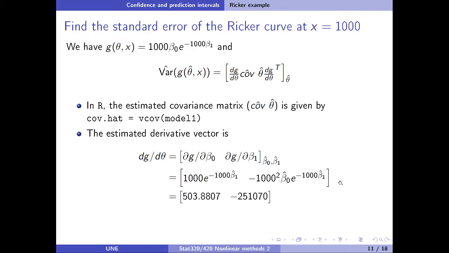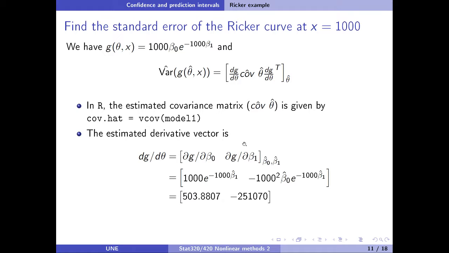If we take the partial of our function g with respect to beta naught, everything else is a constant, and the derivative of beta naught times a constant is just the constant. So this first term is 1,000 e to the negative 1,000 beta 1 hat.